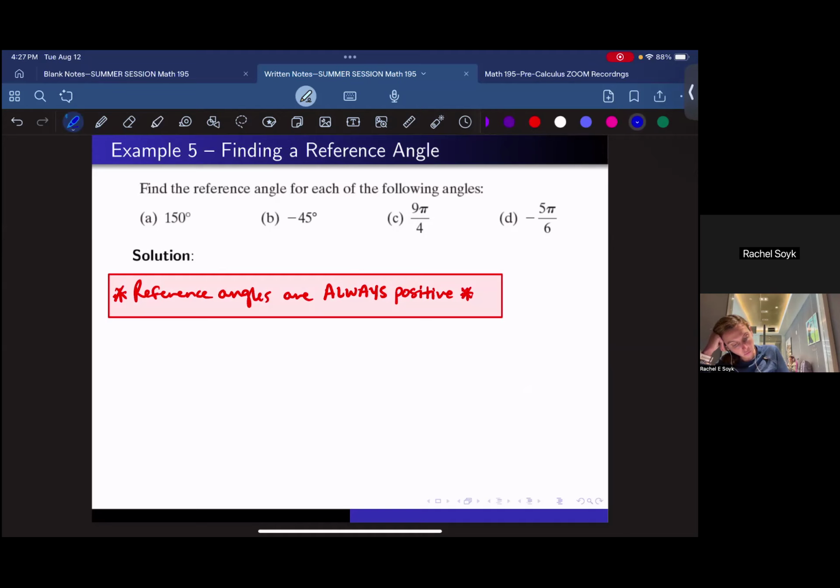So what is our reference angle of 150? Well, if we were to draw this out, 150 ends up around here, which means the angle closest to our x-axis is 30 here. So for part A, our reference angle is equal to 30 degrees.